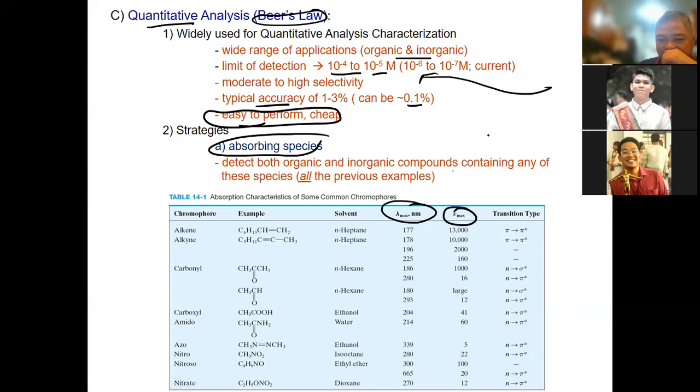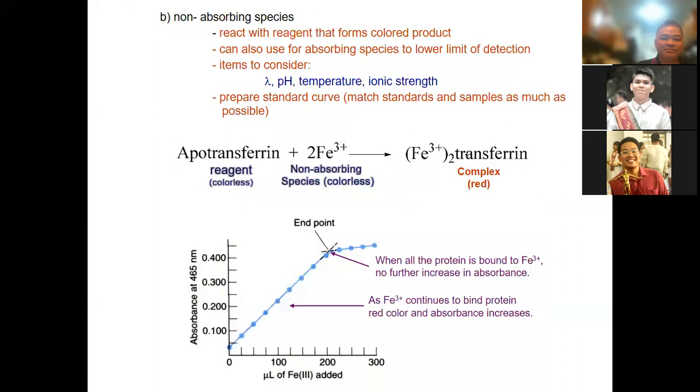So as I've told you, all you need to do is, you know this, you get this, and you can determine the concentration of your sample. As easy as that. Okay. But you also have to take into consideration that some of them can still be used for non-absorbing species.